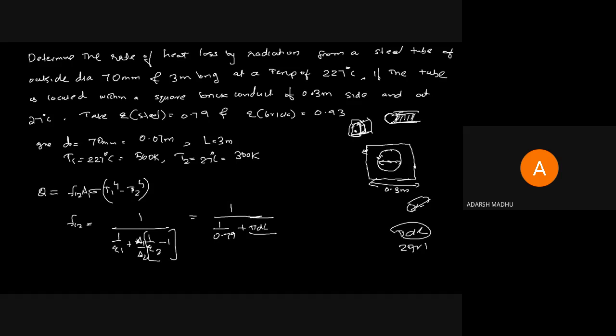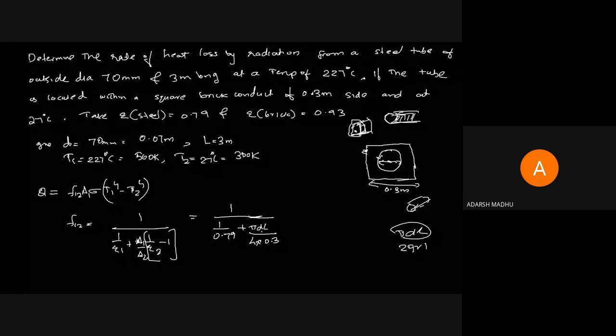Therefore 4 sides into 0.3 is the surface area of the square. In any problem here we are only taking the surface area. Sometimes cross section area is taken, but here we are taking the surface area, that is A1 by A2.